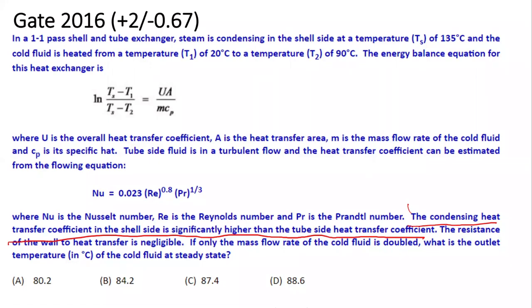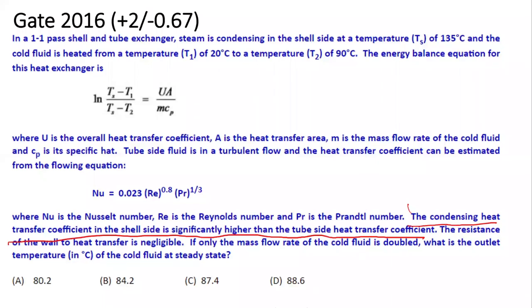So again, I will pause here for a couple of minutes. You guys try to answer, then I will discuss the solution. Okay, so I will start discussing the solution now. As I said, the underlined statement is the main hint for this problem.